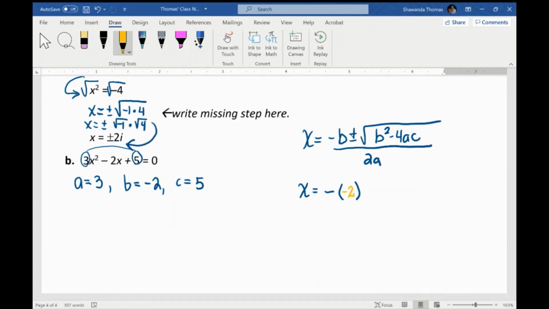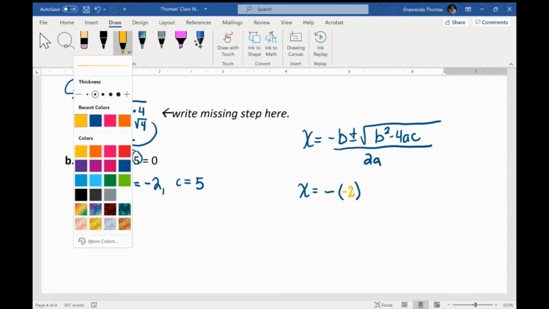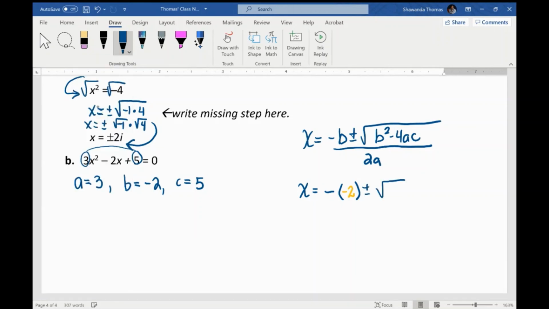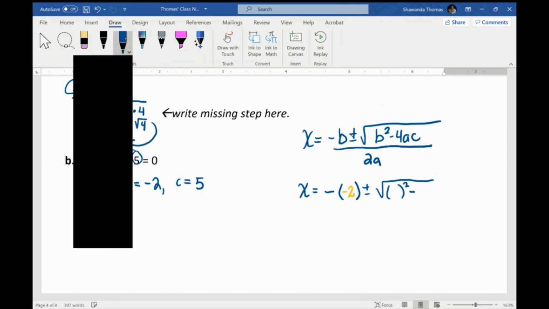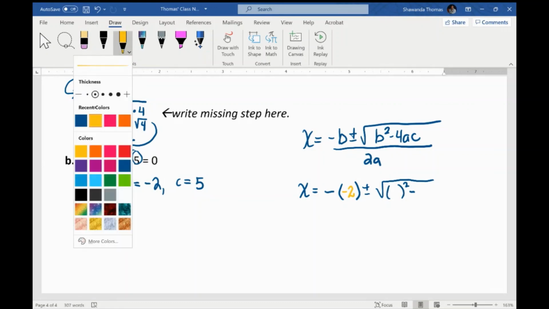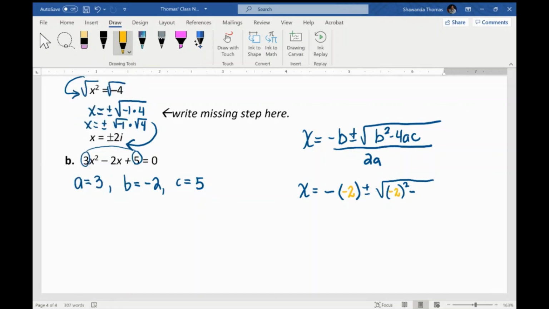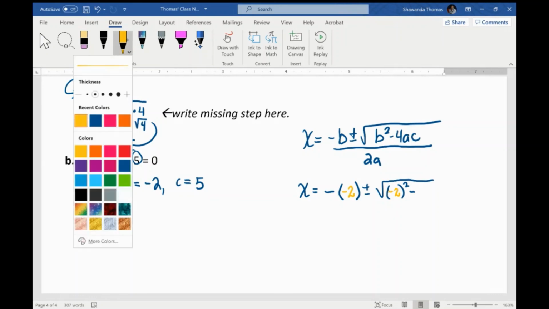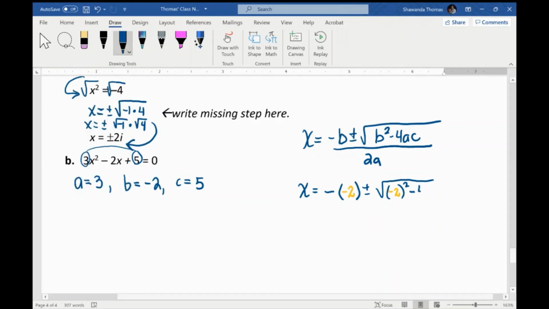I want you to write it all out first, and then on that second step, you can simplify. Plus or minus something squared. What goes in the parentheses? Negative 2 again, squared, minus 4 times what times what?